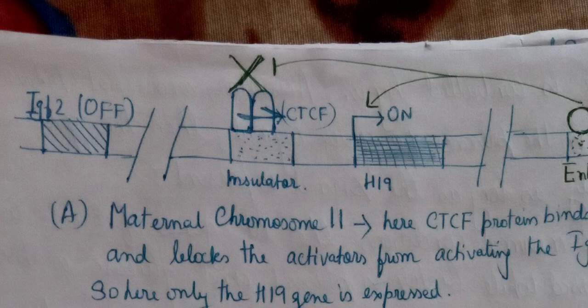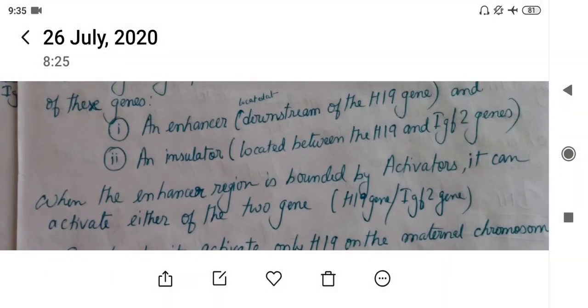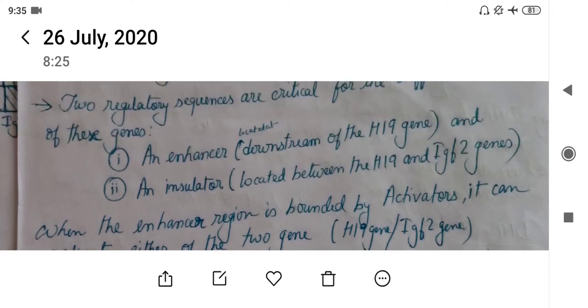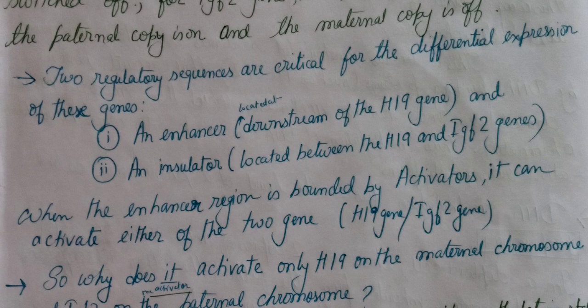A protein binds there, which is another issue I will talk about later on. The insulator is located between IGF2 and H19, and the enhancer is located downstream.